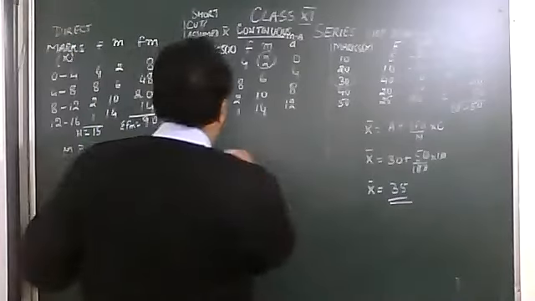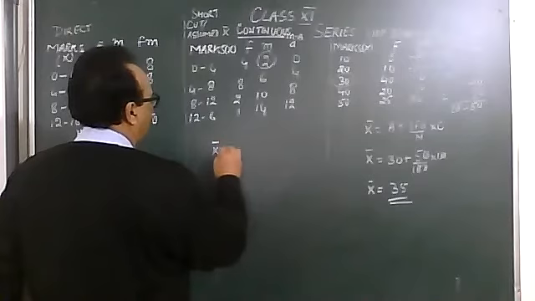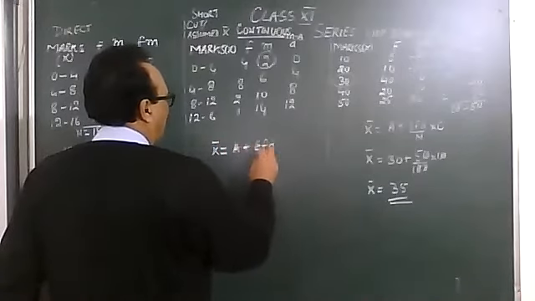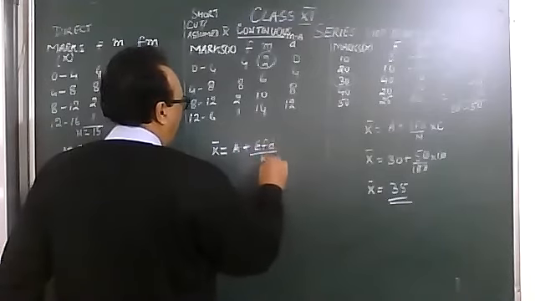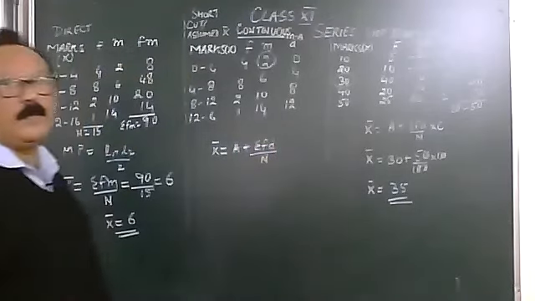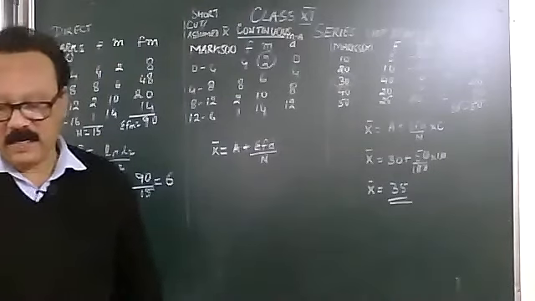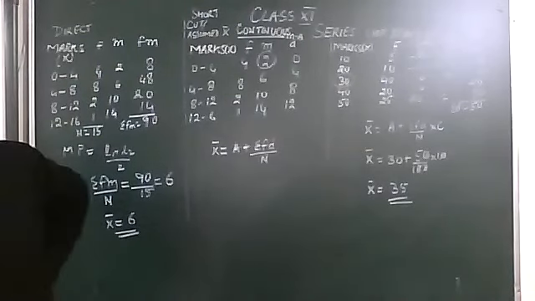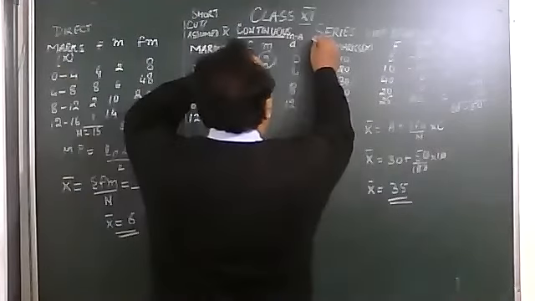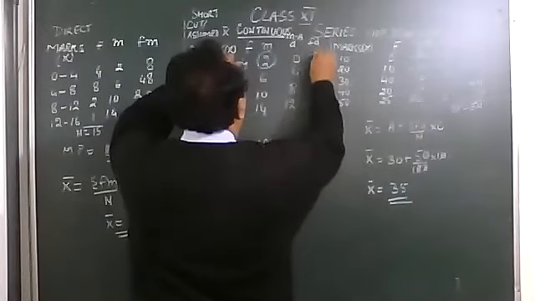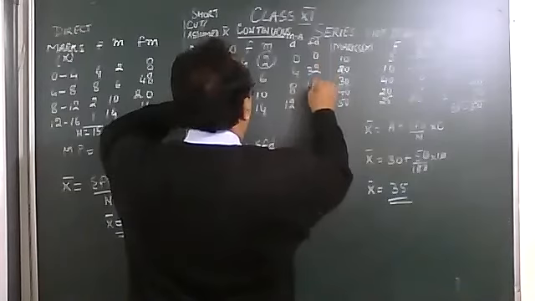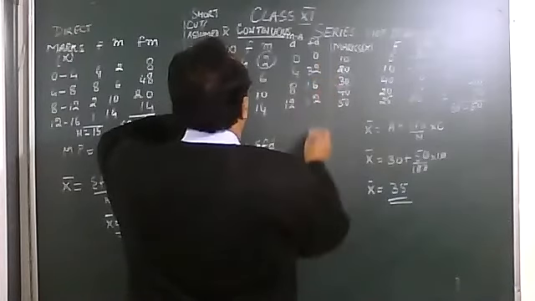Now, the formula here is mean is equal to assumed mean plus sigma fd upon n. Same formula. So what do we got to do? Multiply the f with the d. Okay. 4 zeros are 0, 8 fours are 32, 2 eights are 16, 12 ones are 12.